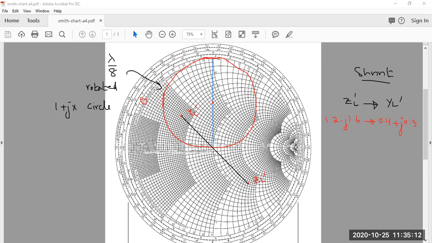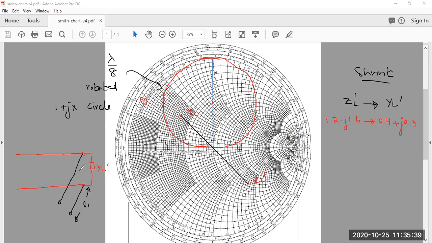Now, what is the circuit that we are trying to solve? A shunt circuit that looks like this. So now we have YL dash. Stub number one is connected at this point. So this is our stub number one, and we will be finding out L1.